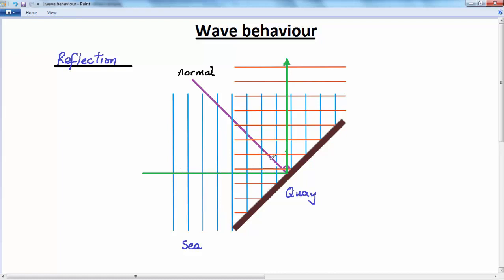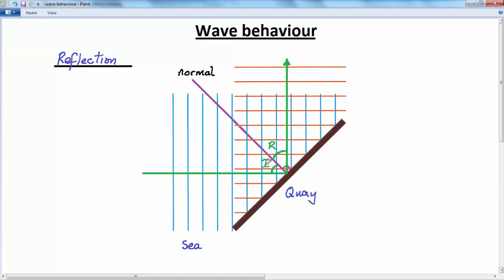So we can write I here, that's the angle of incidence. The angle of reflection is the angle between the direction of propagation of the reflected wave and the normal to the surface, which is this angle here. So we can write R here for the angle of reflection.